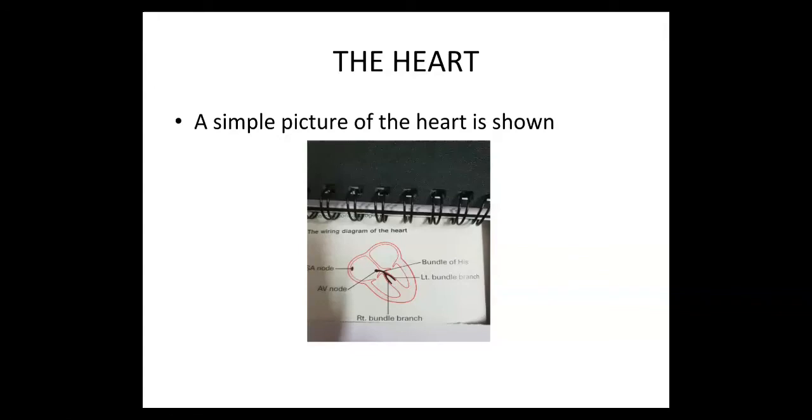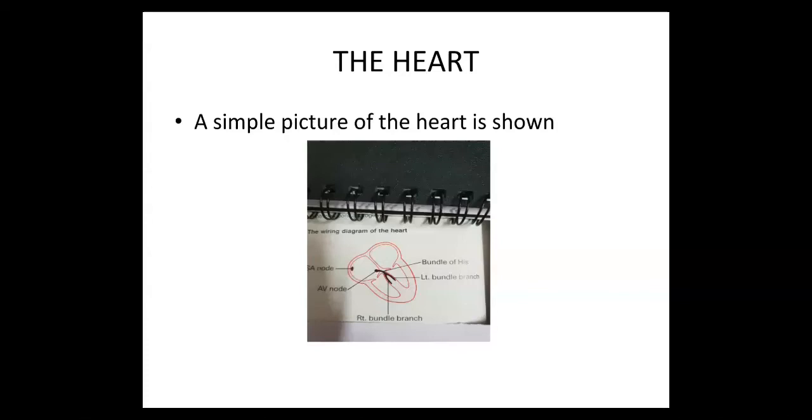The heart. A simple picture of the heart is shown. So the heart is divided into 4 chambers. The 2 upper chambers, the right and left atria, are synchronized to act together. Similarly, the 2 lower chambers, the ventricles, operate together.